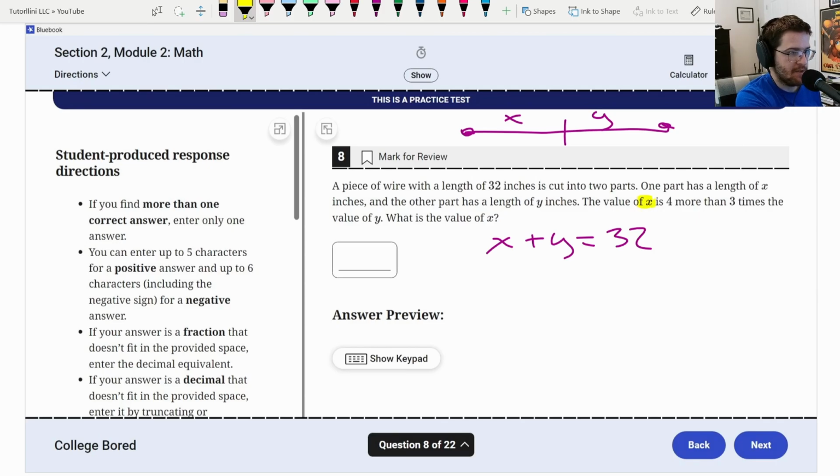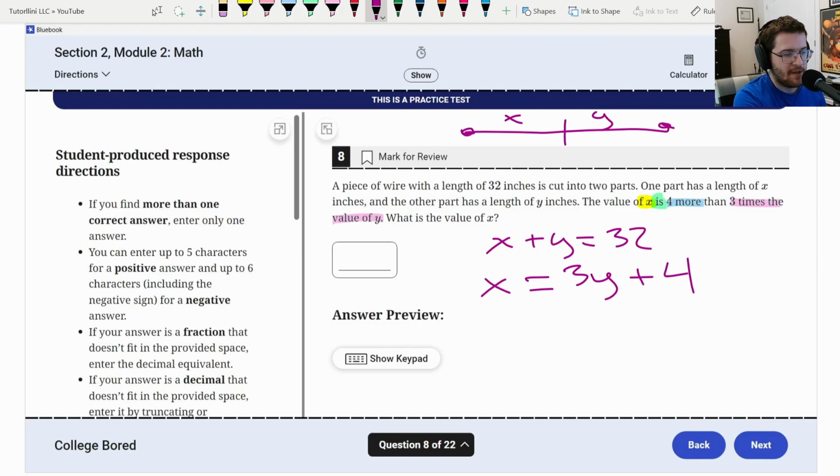So x is means equals. So equals 4 more than 3 times the value of y. So this is like 3y plus 4 more. And it wants us to find x.